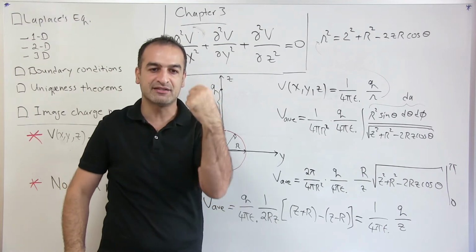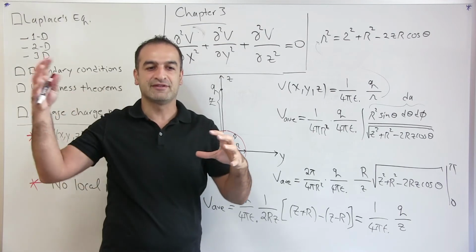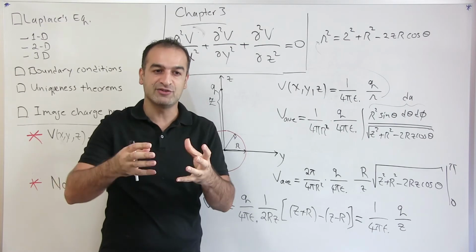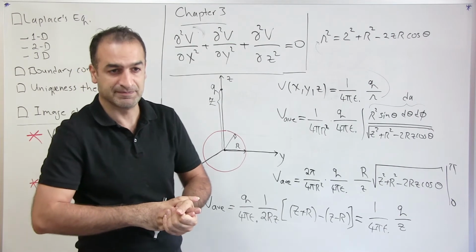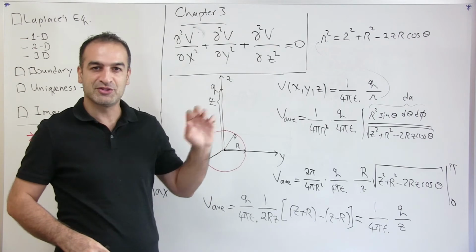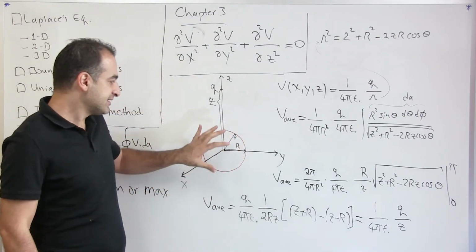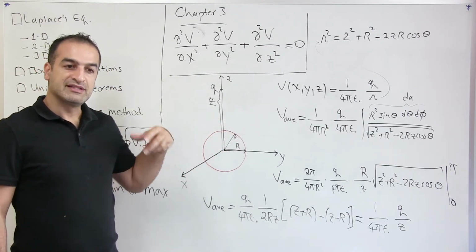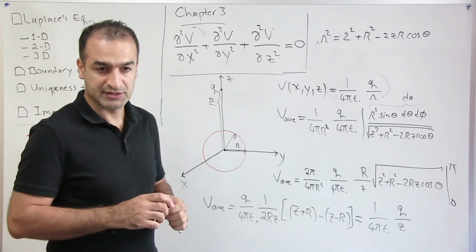If you do that iteratively, back and forth for every point in your space, after a large number of iterations you will come up with an electric potential that satisfies Laplace's equation and the boundary conditions. These comments may be beyond the topic of this course, but I'm giving you a bit of insight that this idea, that any point is equal to the average of neighboring points, is a very powerful idea, and computational physicists use it to solve Laplace's equation.